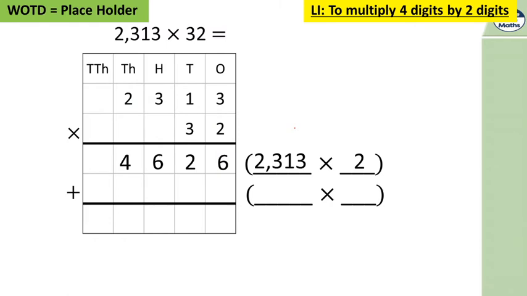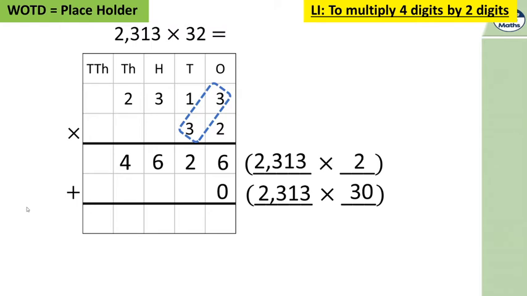Okay, then we're going to go on to our tens. So we could just go straight into 3 times 3, which is 9. However, that would end up with a 9 here. But because this 3 is in our tens column, it actually means 30 times 3. And that is certainly not 9. So I'm going to get rid of that.